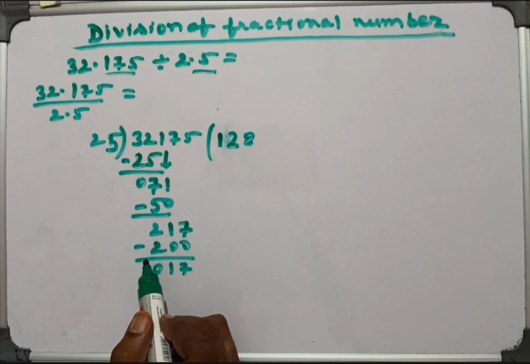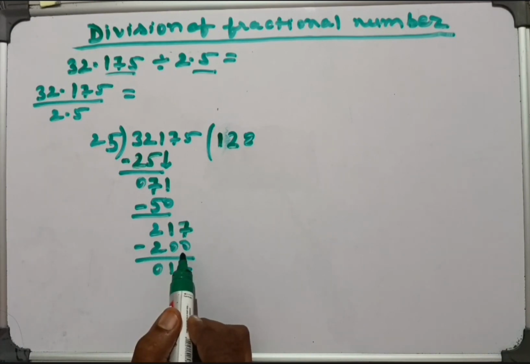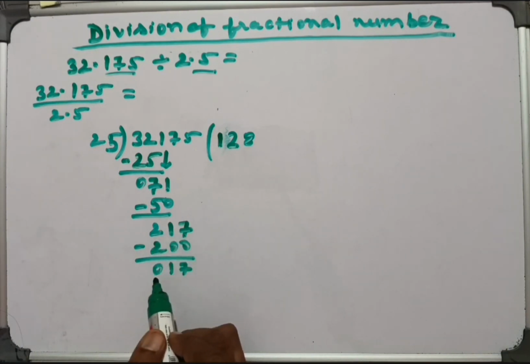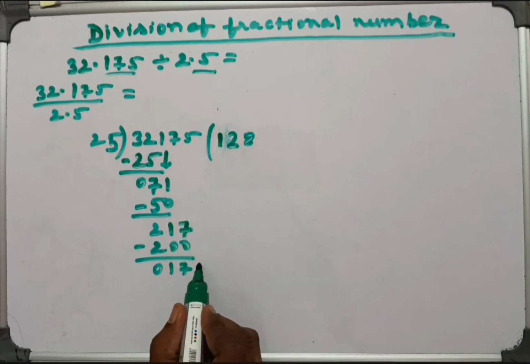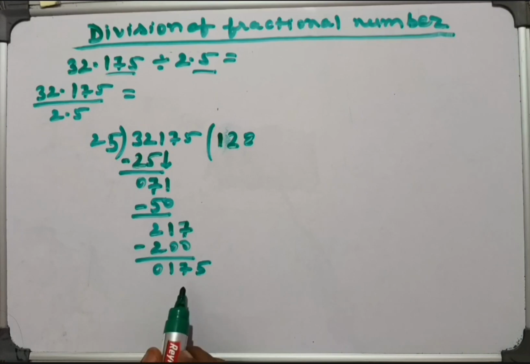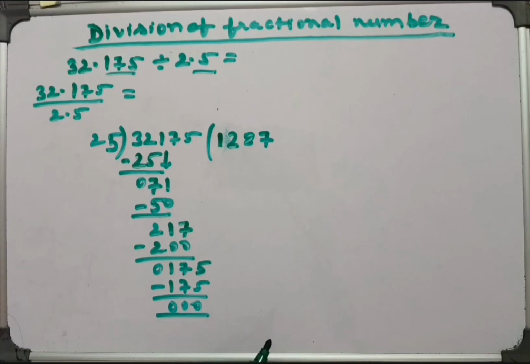When you subtract 200 from 217, this is equivalent to 17. Now the last digit is 5, so we put it here. 25 times 7 is 175. Now subtract this one, you will get 0.